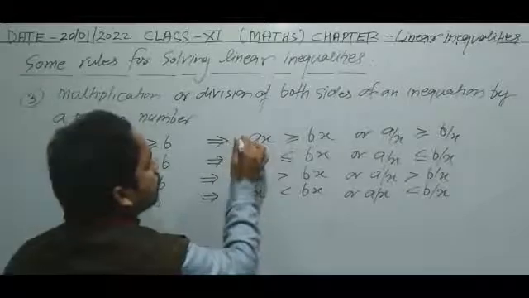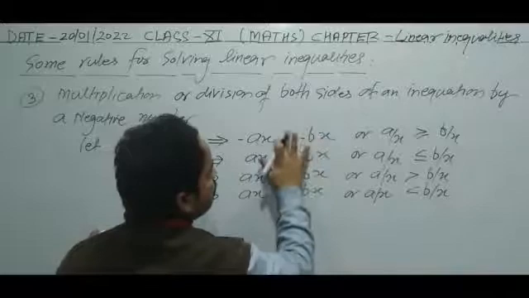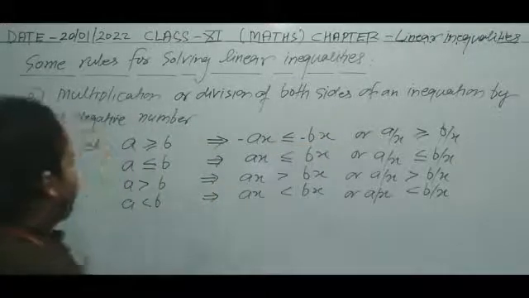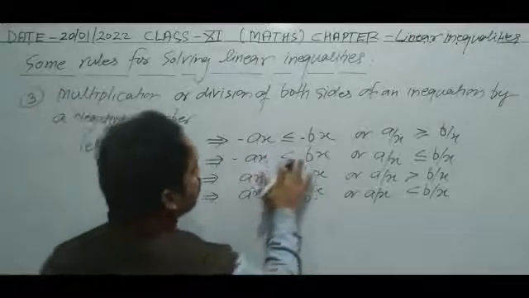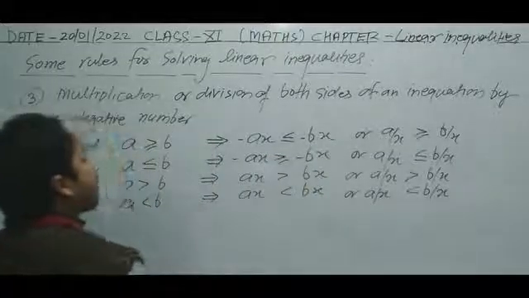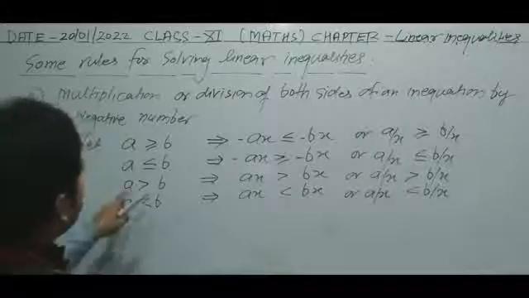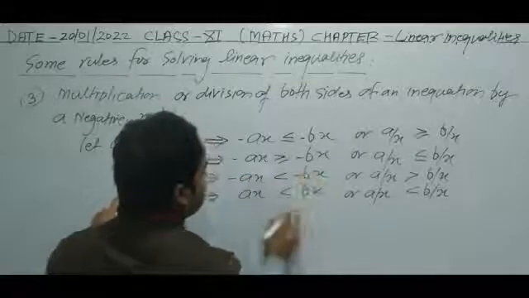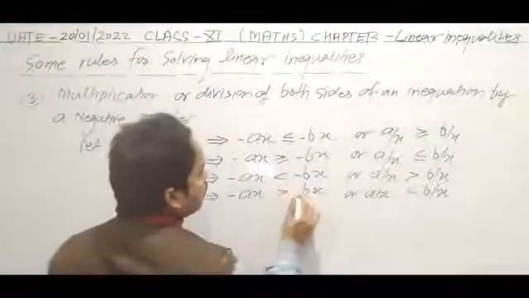So minus AX will be here, or minus BX, and this will be less or equal to. Similarly, minus AX is greater or equal to minus BX, or A is less than B, so minus AX will be greater than minus BX. Similarly, minus AX will be less than minus BX.